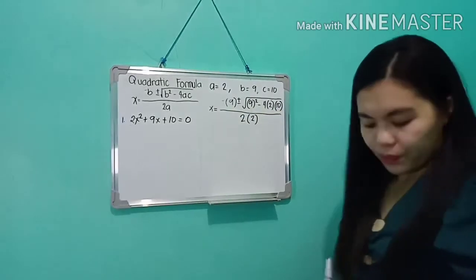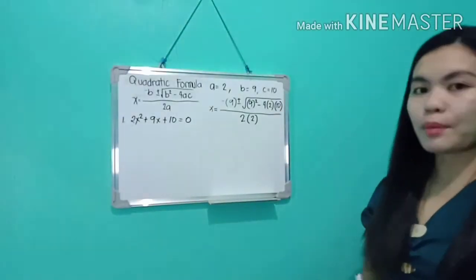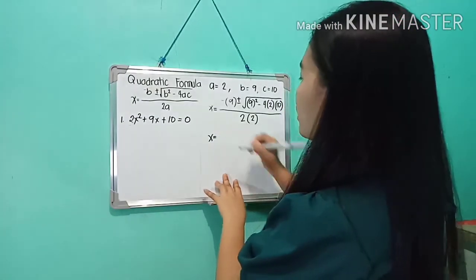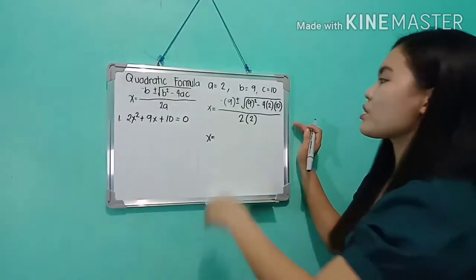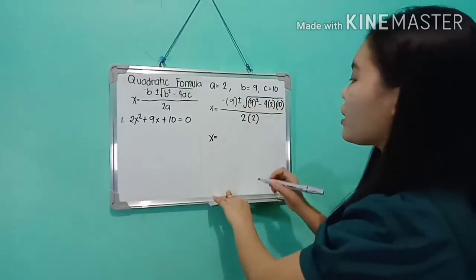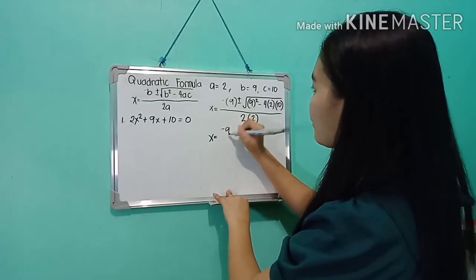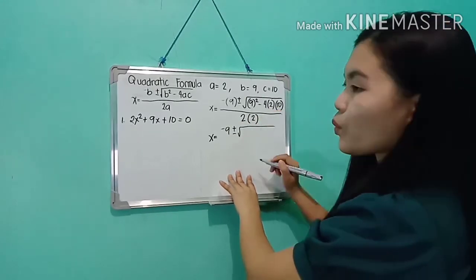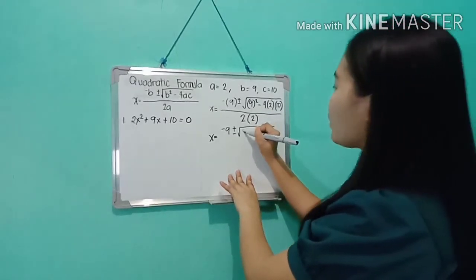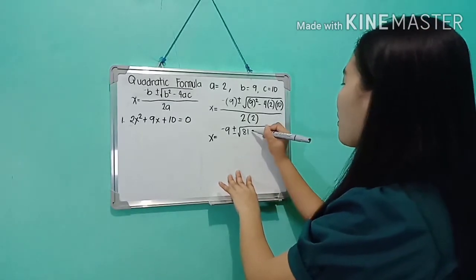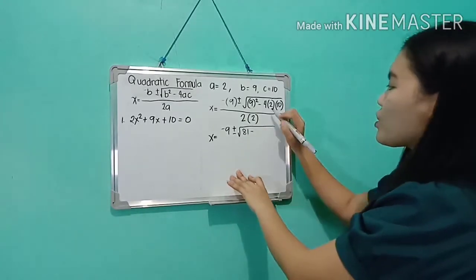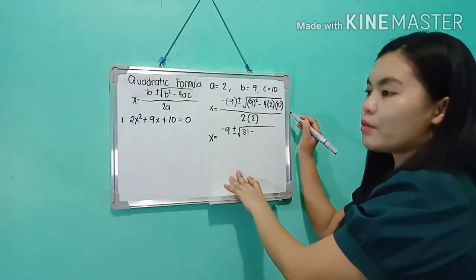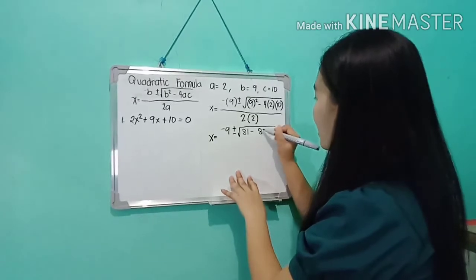Alright, so next, let's simplify. To simplify this one, just follow the order of operations. So you have your negative times 9. It will give you negative 9 plus or minus, 9 squared is equal to 81, and then minus 4 times 2 is equal to 8, times 10 is equal to 80.